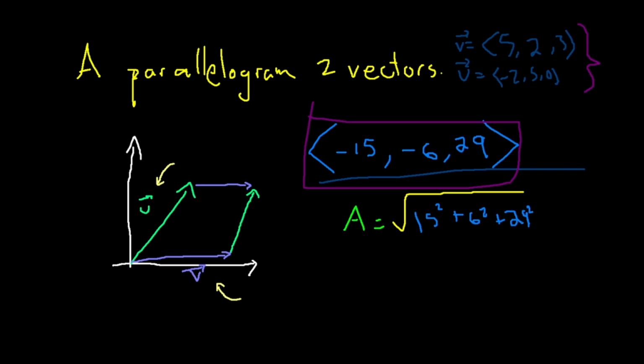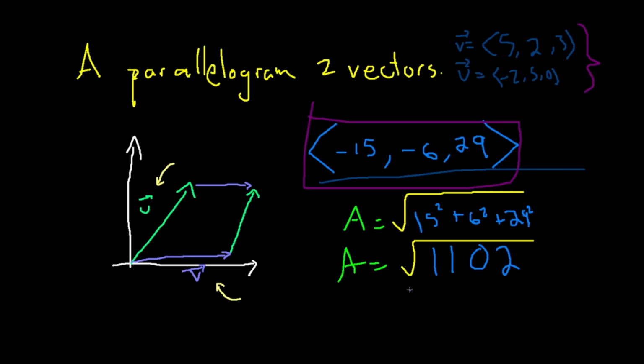And now we can do area equals, let me bring out my calculator. 15 squared plus 6 squared plus 29 squared. That is equal to 1,102.